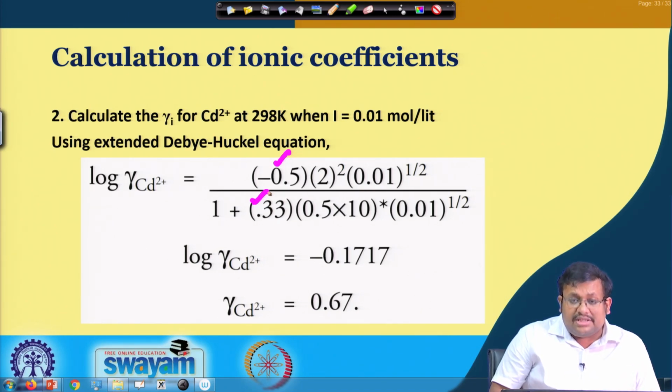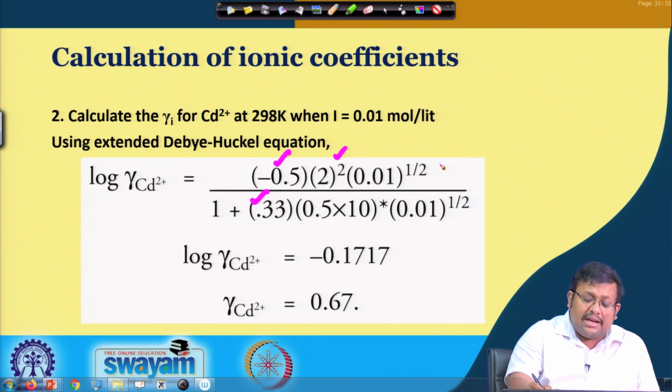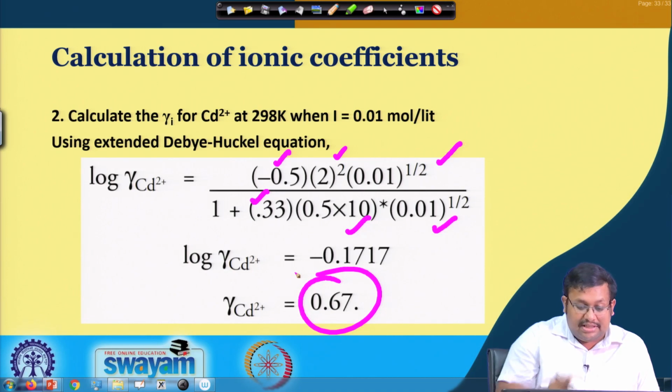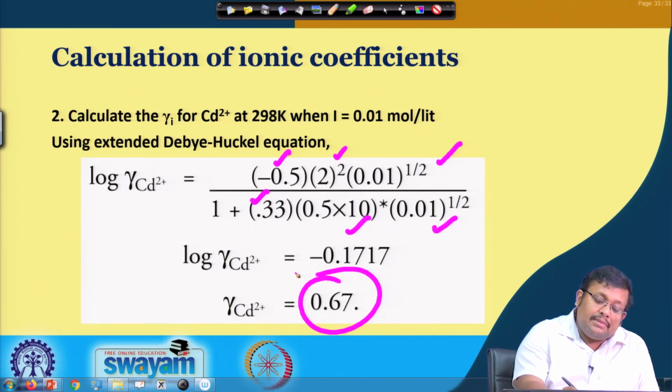These are two constants based on the dielectric constant of solution, and then cadmium Z I square. So, using this formula we can calculate that 0.17 and then log of value, and from there we can get the value of 0.67.